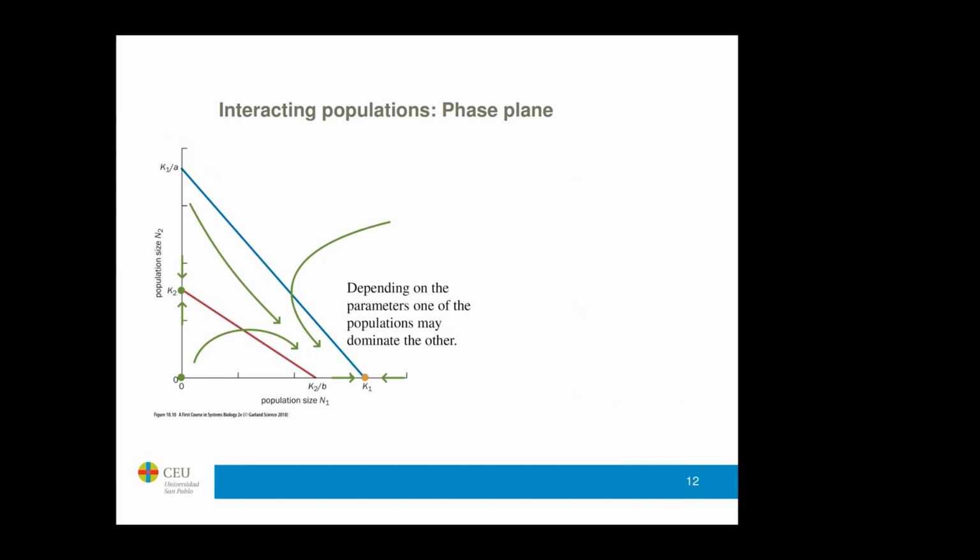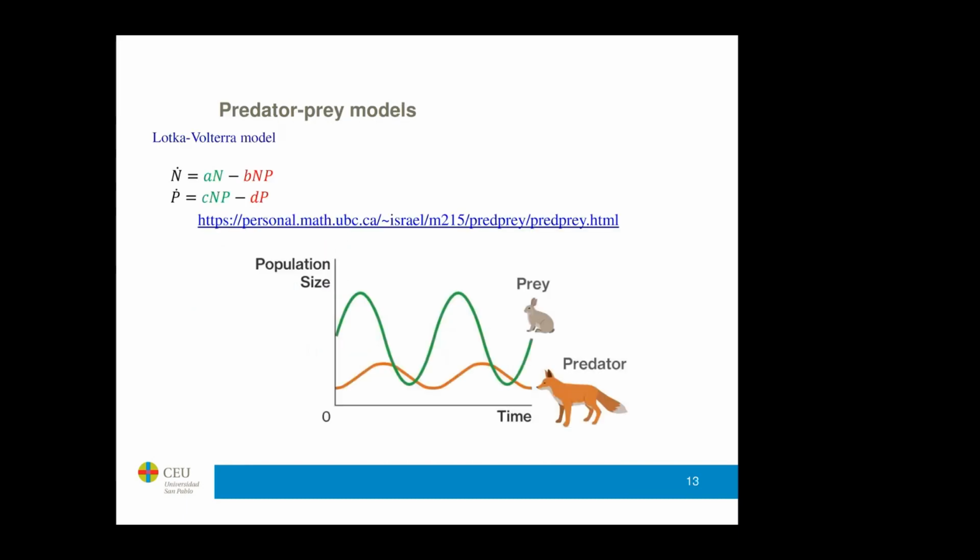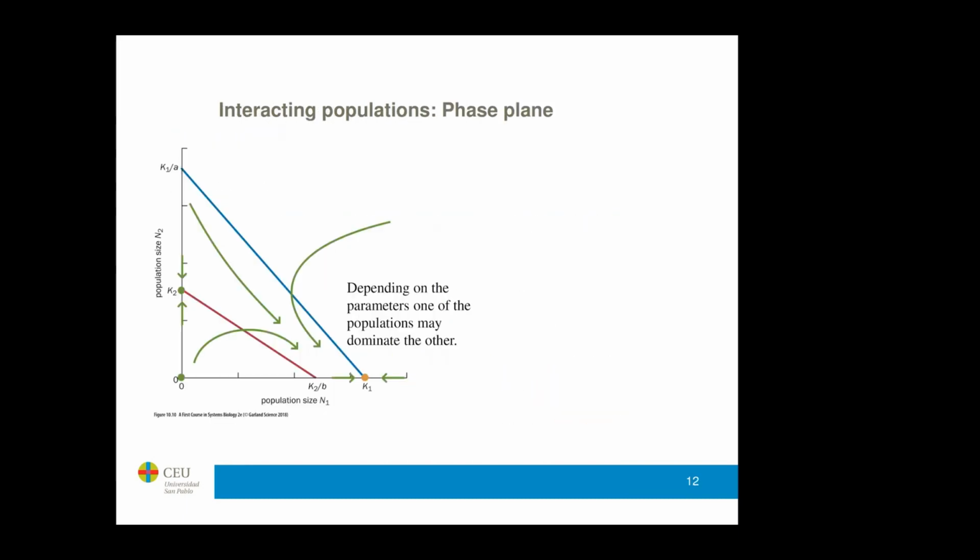That doesn't make sense in reality. So you are constrained by this axis. You are pushed down, but once you reach this line, you cannot go further down. So you have to go in this direction. That is the direction in which the gradient pushes you. This point is N1 equal to whatever, N2 equal to 0. So depending on the constants, one of the populations may dominate the other.